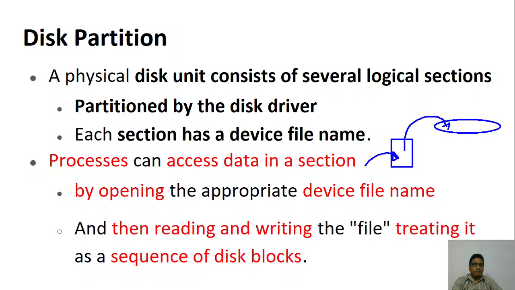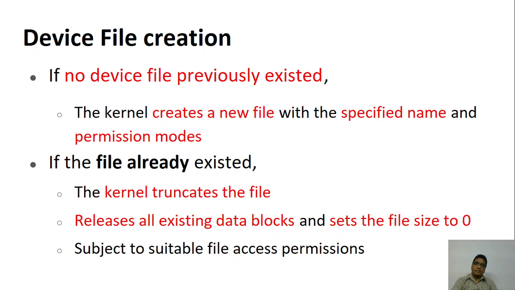In the same way, it can read from the file, which in turn will read from the disk. So even though disk is a physical device, we are reading and writing from a file. So we can treat that file as a disk block or a sequence of disk blocks, and then start reading the content of a file.